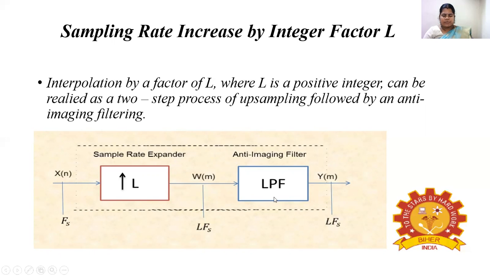This anti-imaging filter is usually a low-pass filter. The upsampler is also called a sample rate expander. In the decimator the sampling rate gets reduced, whereas here the sampling rate gets multiplied by the factor L.